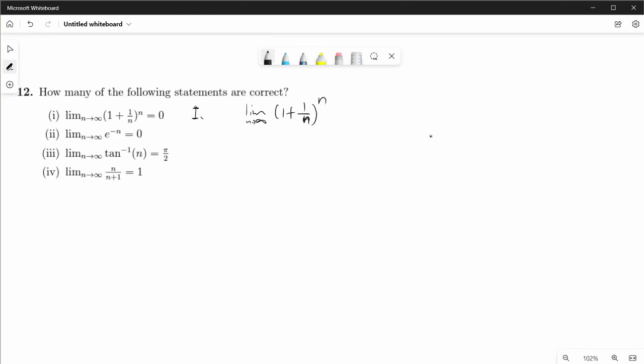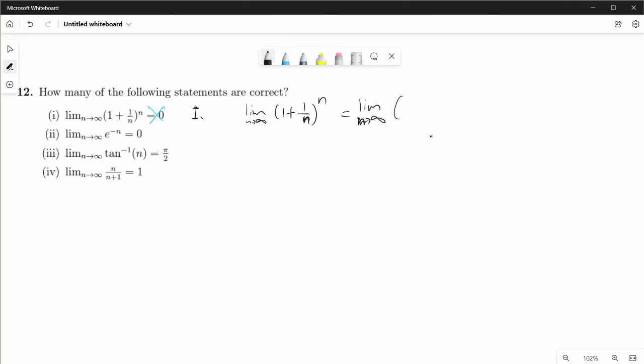You can't really simplify this, but as a general thing, this is 1 plus something. This something might be really small, but 1 to the infinity is still not going to be 0. So from a guessing standpoint, I can guess that it's definitely not 0.